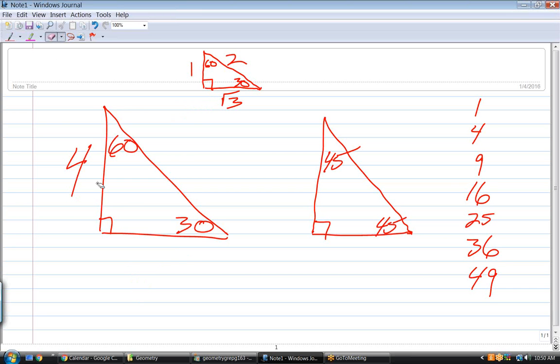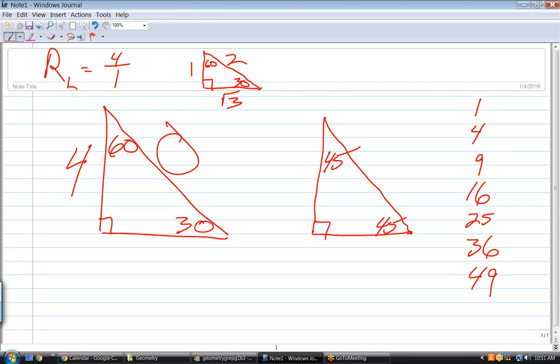You just have to find the corresponding side. This is the side opposite the 30-degree angle. This is the side opposite the 30-degree angle. So at no point am I comparing this number with this number, or this number with this number. I'm always comparing numbers between the two triangles. So we'll say the linear ratio is 4 to 1, and that's big to small.